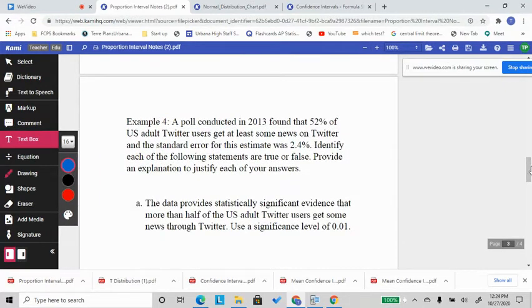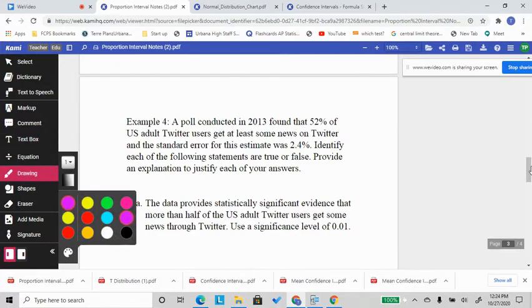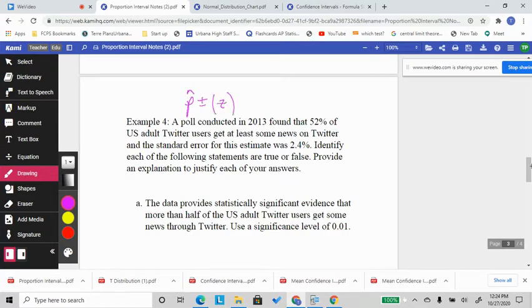All right, so this is one of the ones where you're given only parts of it. So this is p hat, right? Plus or minus z. And then you usually have a p hat, a q hat, and an n. All right, so we can calculate it, but look, we don't have an n, so we can't really calculate it.